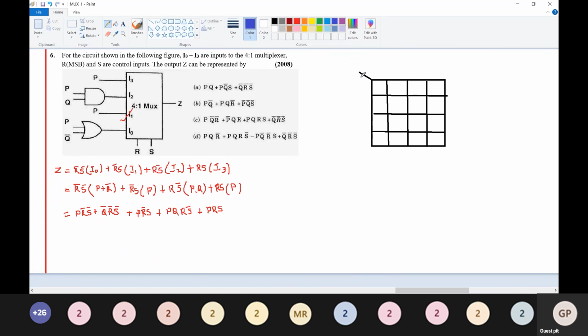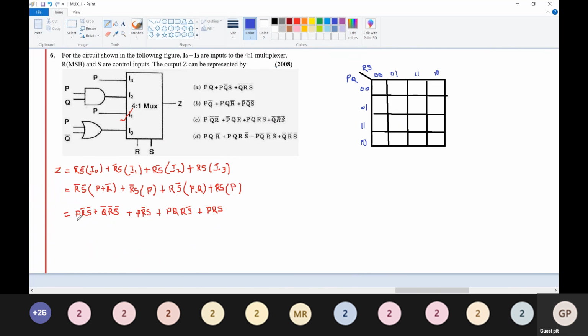Okay, so this is P, Q, R, and S. This is 0 0, 0 1, 1 1, 1 0, and 0, 1. So here what we are going to do is plot the ones for these product terms.